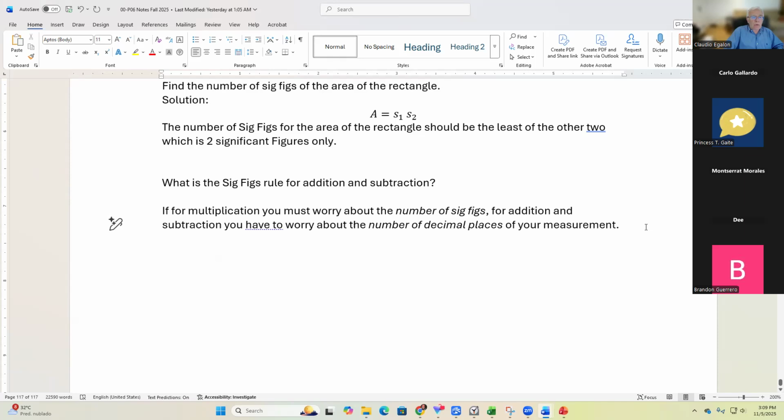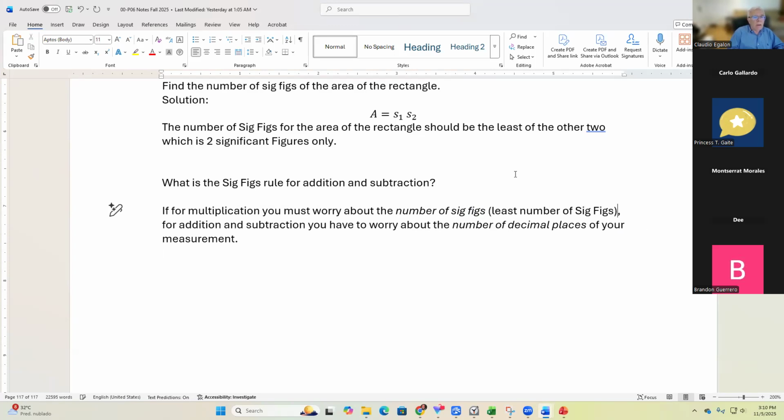In both cases, you take the least number. Here's the least number of significant figures. Here's the least number of decimal places. I'm going to write it down here. Least number of sig figs.